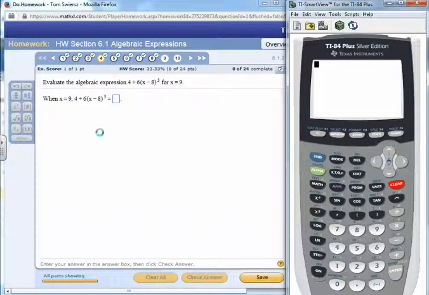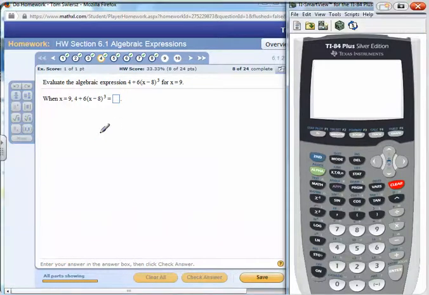All right. 4 plus 6 times x minus 8 cubed when x equals 9. So we have 4 plus 6 in parentheses, and x is 9, so I'll substitute 9 for x, minus 8, and that's cubed.